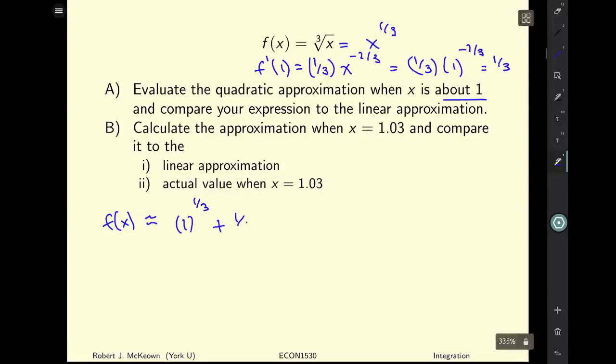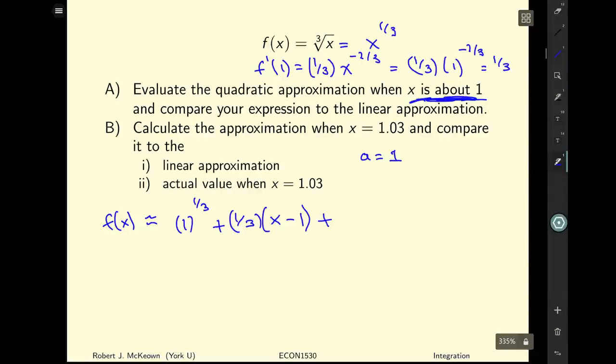So we're going to have 1/3 here, multiplied by x minus 1, because we've got A equal to 1. That's this part right here.